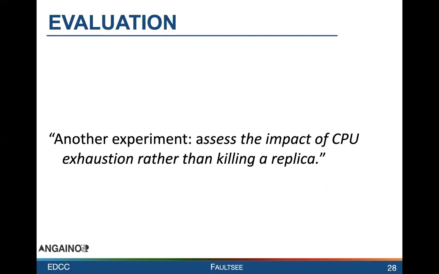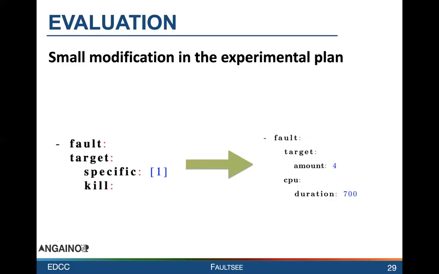Now let's say that we want to devise a new experiment, and rather than killing a process, we want to exhaust the CPU of replicas and see what the impact of this is on the system. This is very easy to do in FaultSee, and it would simply amount to modifying the part where we specify the fault to, rather than a kill fault, inject instead a CPU exhaustion fault for a given amount of time.